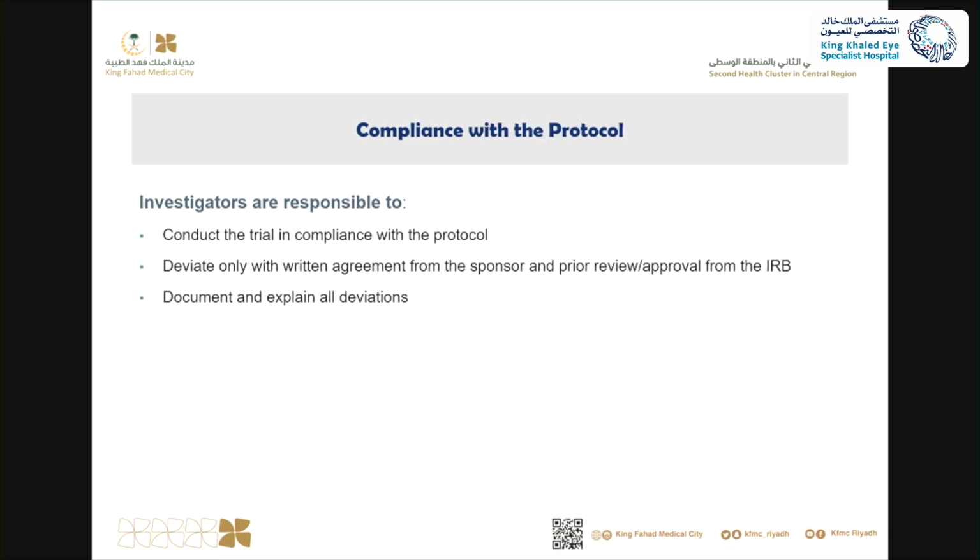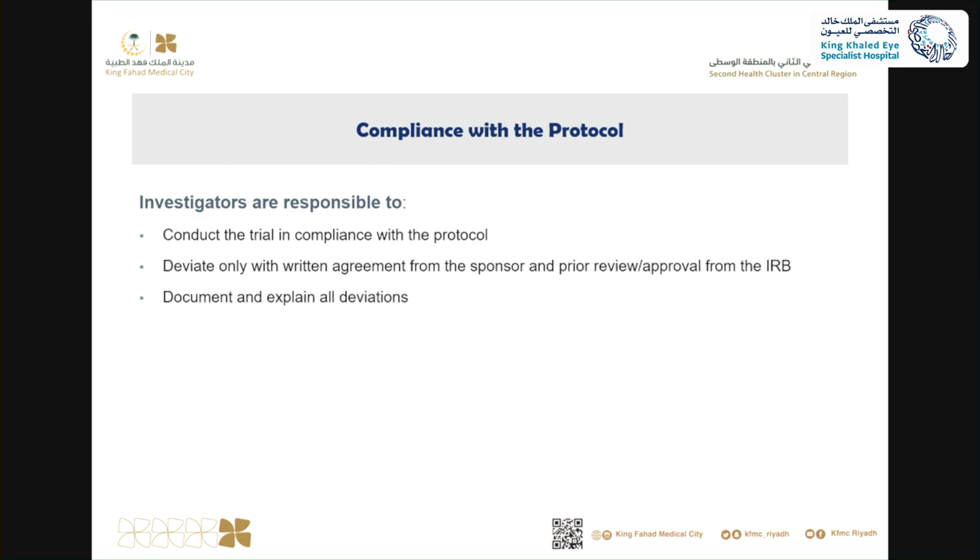Compliance with the protocol. Who is the one responsible for making sure that all the study team is compliant with the study protocol as is, without any deviation or violation? Definitely the principal investigator. Even if someone made a mistake, it's your own responsibility.